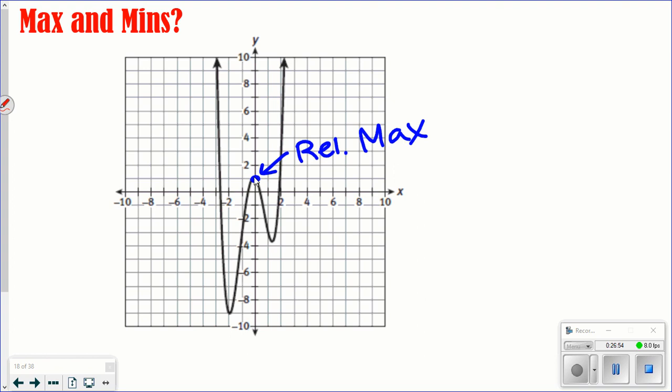And I see a valley or a U shape right here, so this would be a relative minimum. And this would also be a relative minimum. So we can have more than one valley or low point. So relative min and relative max cannot be endpoints. They have to occur throughout or within your graph.